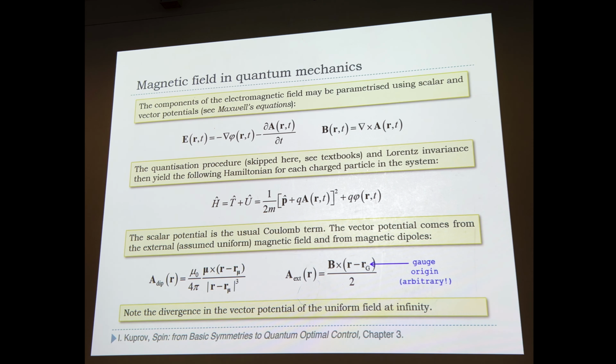Now, what is important here is that because this is a derivative, we have terms in these vector potentials that are inconsequential because they vanish on differentiation. For example, if we subtract some constant vector from here, then this curl isn't going to change. And so this is called gauge origin.